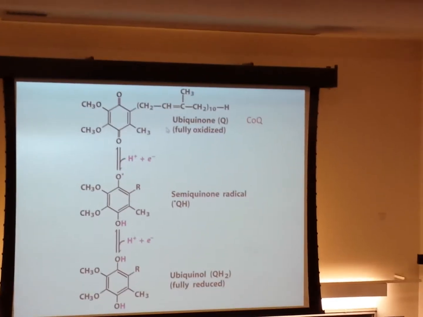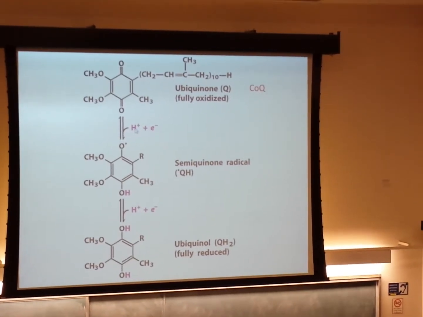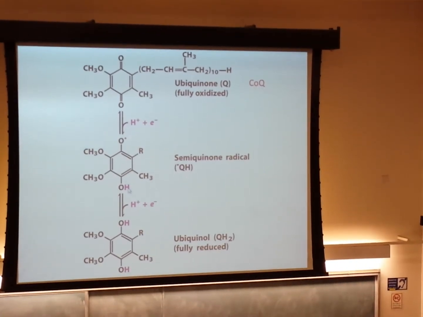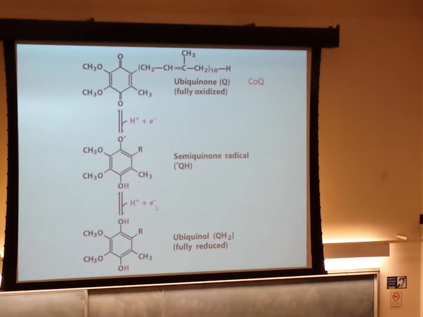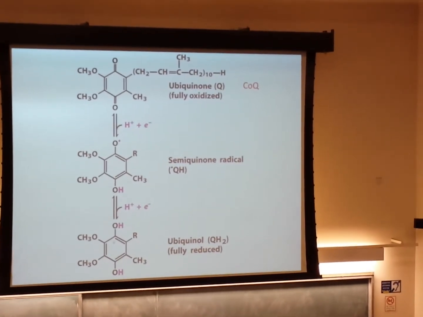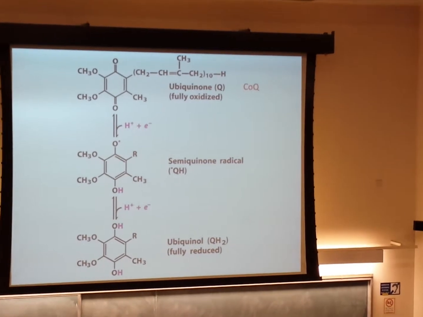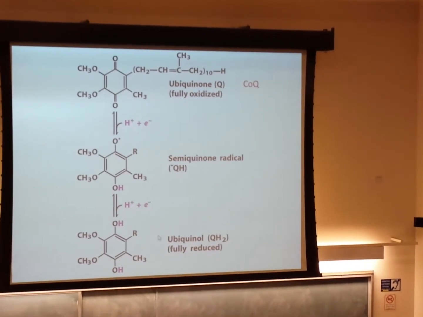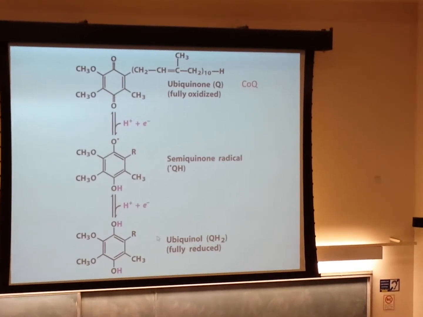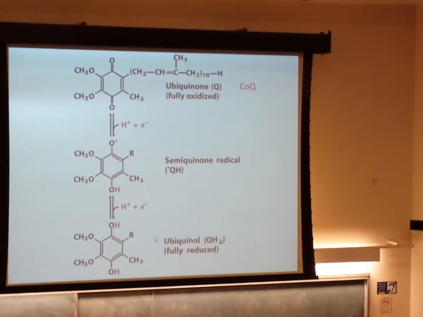It's locked inside. So on comes an electron and a proton, and then it can take another electron and proton safely. So the fully reduced form, where R here is this long hydrophobic tail, this is a carrier of 1 or 2 electrons and 1 or 2 protons.